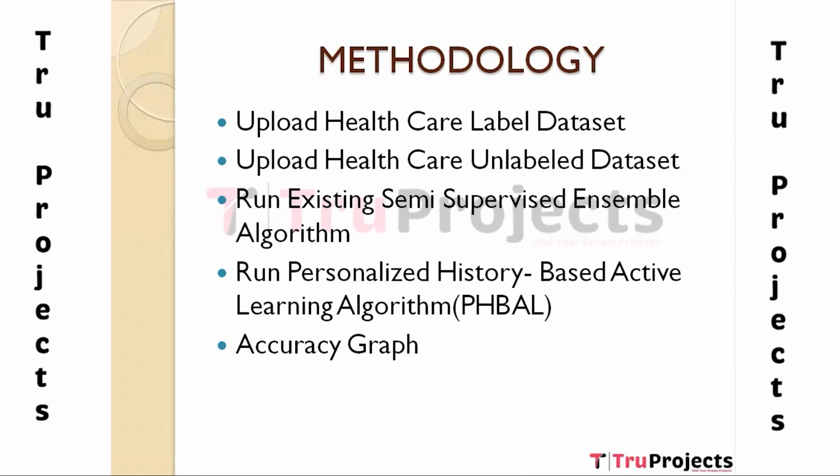So in this module, we are going to build the PHBAL model, train and test it, and predict its accuracy. Then the last module, accuracy graph. In this module, we are going to plot the graphical representation of the two algorithms which we have used in this project.